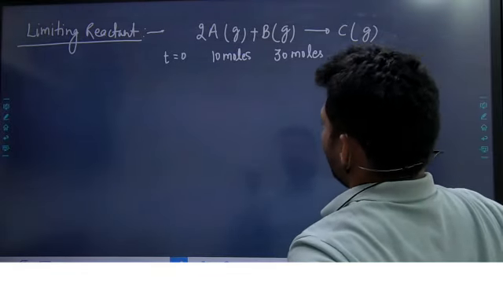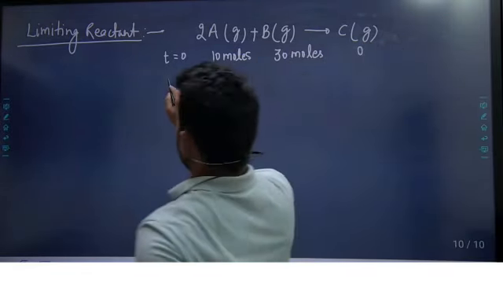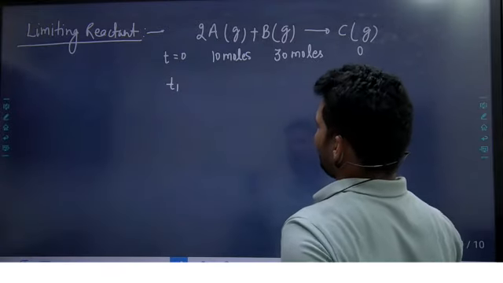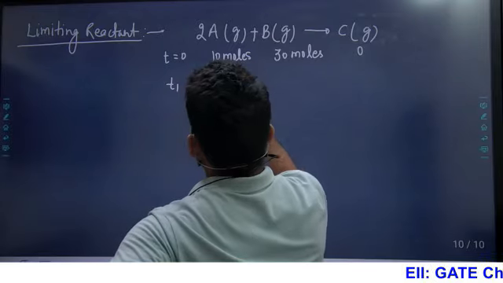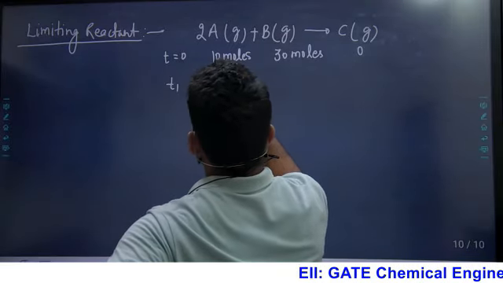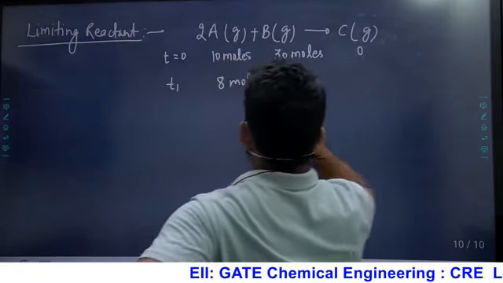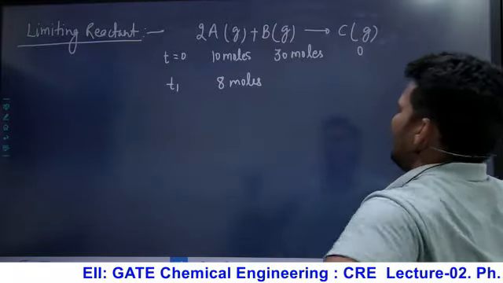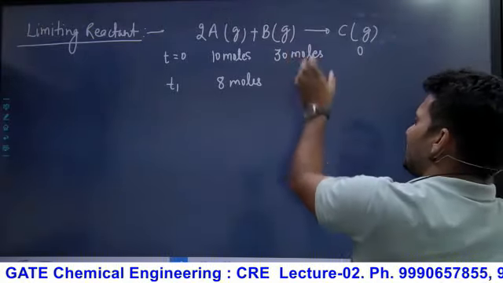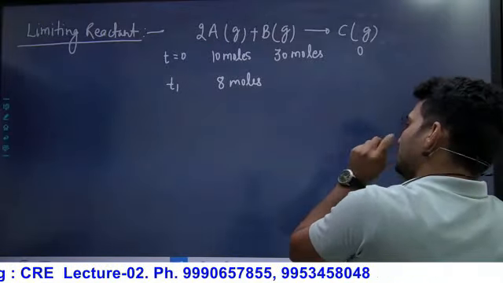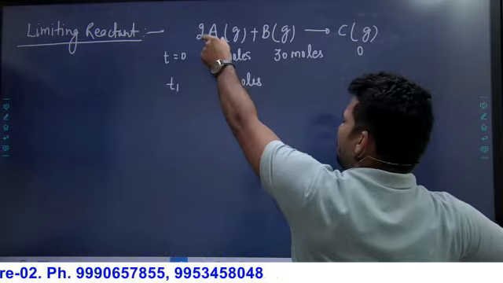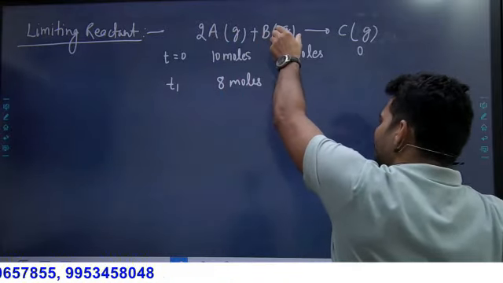Now at any time t1, 2 moles of A reacted, the remaining moles are 8. Now tell me how many moles of B will react, and what are the remaining moles of B? So when 2 moles of A react, 1 mole of B will react.